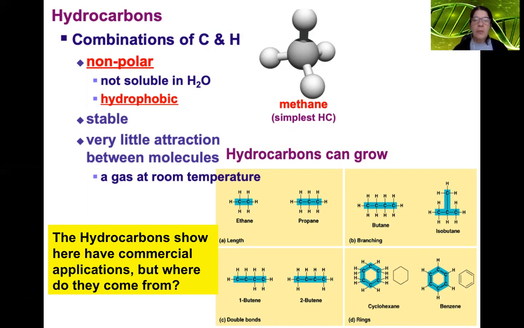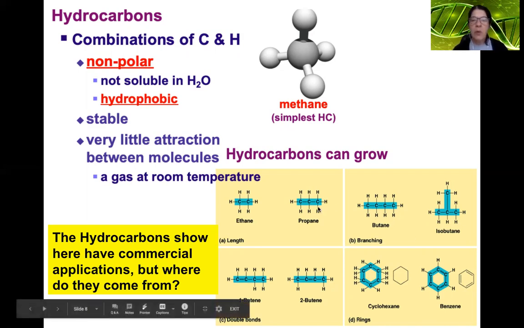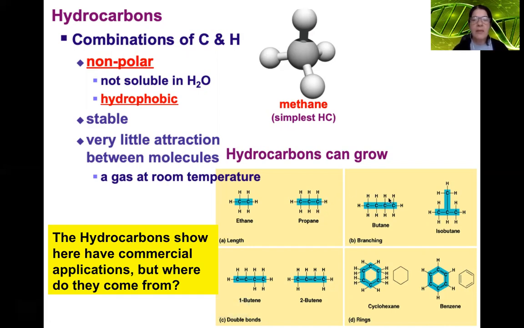If you look down below here, you will see propane and butane. Propane and butane are common gases used in your barbecues, for instance, or for heating purposes, or in your ovens in the kitchen. Hydrocarbons here are basically hydrocarbons that have commercial applications, right?